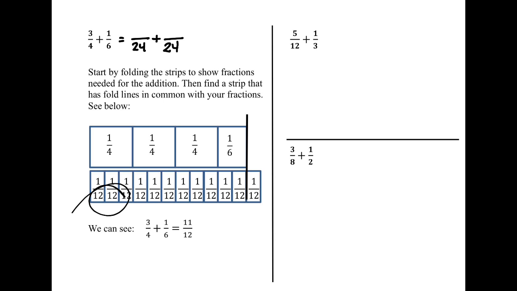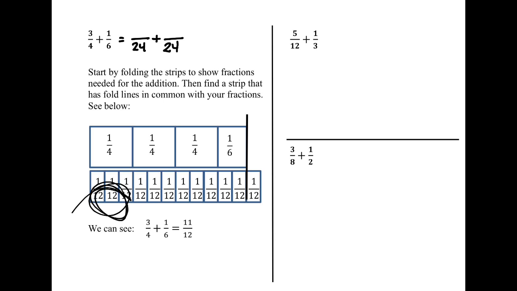If you don't want to work at finding the 12 and you don't mind using the 24, it will be fine. The difference is you have to simplify at the end, which you sometimes don't have to do if you use the smaller numbers.